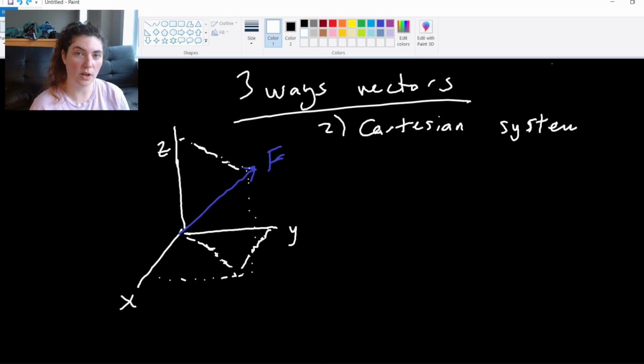The second most common way we describe these vectors is through the Cartesian system. So this is breaking them up into their x, y, and z components and then marking them with the Cartesian notation.